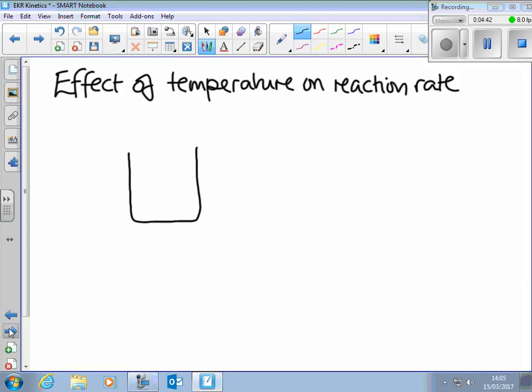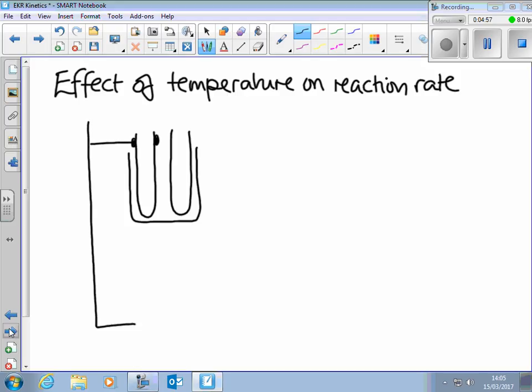But you have water in it, and you have boiling tubes in here. One of them will be held in a clamp stand, so let's hold that one steady. All right, so we'll put that over here. I'll just stick it on a tripod. Let's go the whole hog, draw the whole thing.